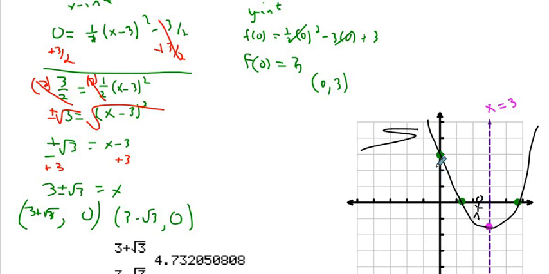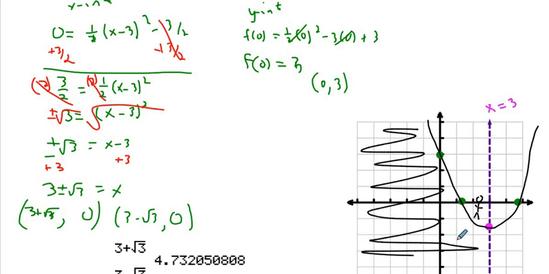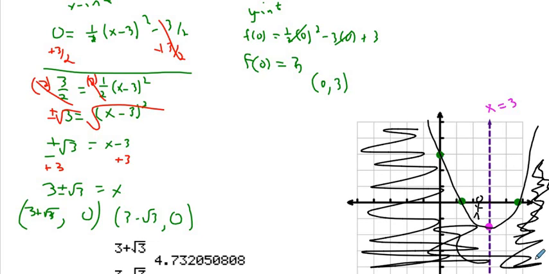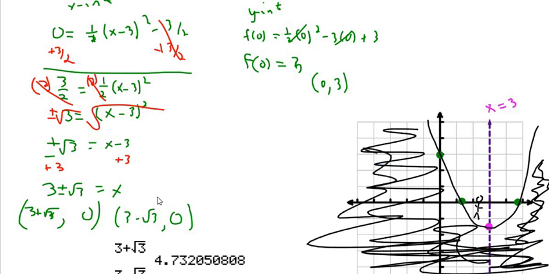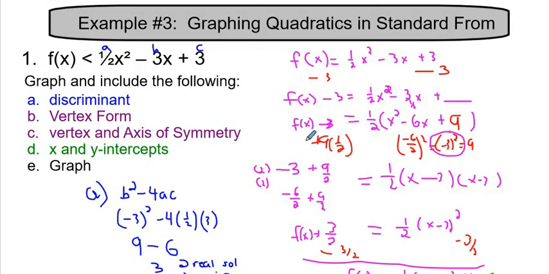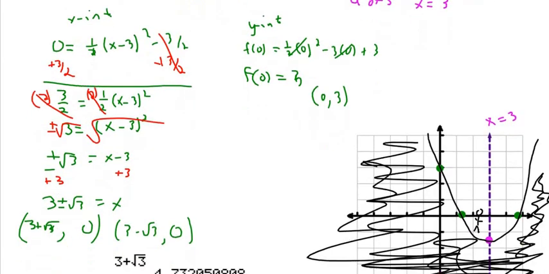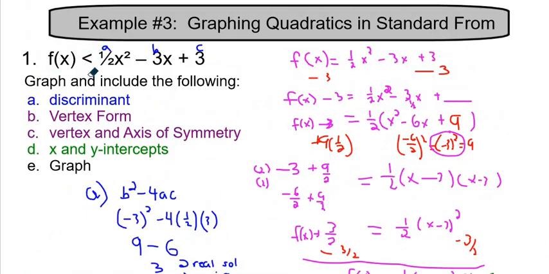So you would actually shade all of this when somebody says less than the parabola. And notice that this one also, just to kind of correlate some things back from Unit 1, it doesn't have the equal sign. So that would mean you would actually have to go back and then make it a dotted line. And you might remember that from previous units or from even Algebra 1. So I just changed it subtly there at the end so you could see what would happen if we had a less than sign as opposed to an equal to sign.